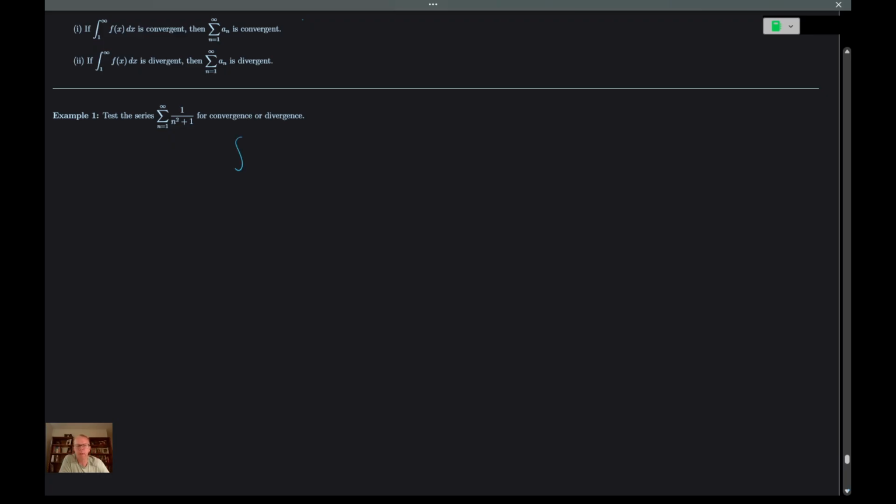So we are going to integrate from 1 to infinity, 1 over x squared plus 1. You can leave it as n if you like, but we'll write 1 over x squared plus 1 dx. And so, of course, this is the limit as t goes to infinity of the integral from 1 to t of 1 over x squared plus 1 dx. The integral of 1 over x squared plus 1 is arctangent.